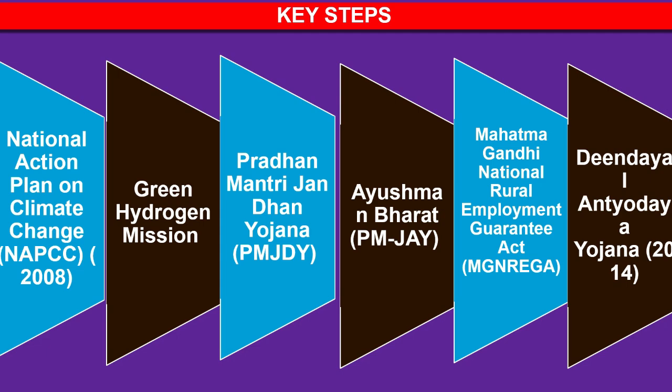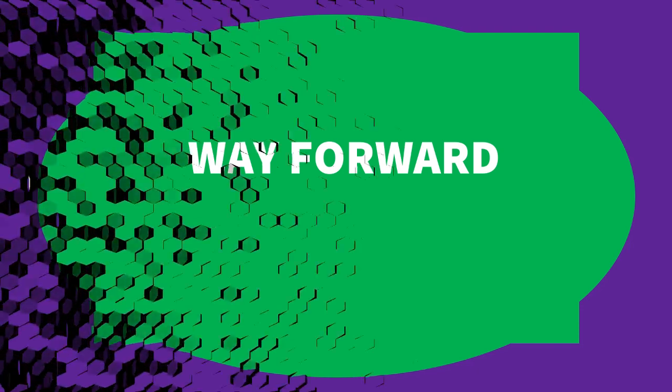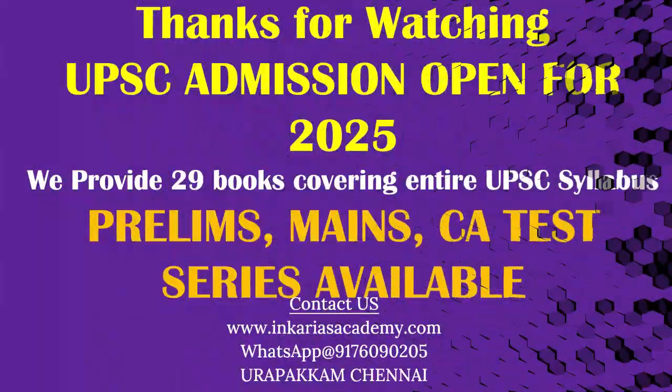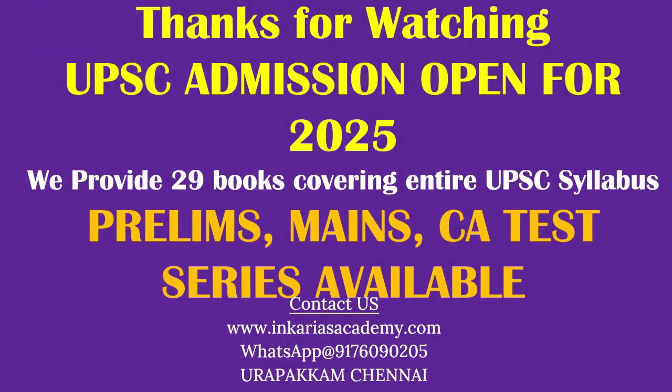So these are the key steps taken by the Indian government, and we need to adopt a balanced development approach that integrates environmental sustainability with socio-economic policy, to ensure progress respects planetary boundaries while addressing socio-economic disparities. To enhance social equality and well-being, it is important to prioritize inclusive growth, improving access to quality healthcare, education, and employment, especially for marginalized groups.